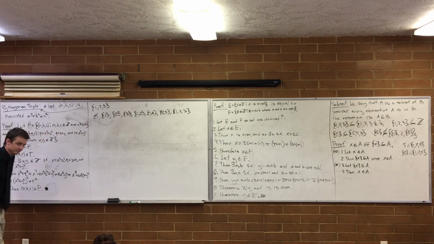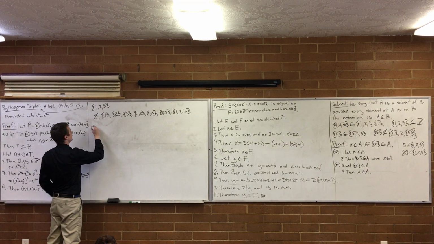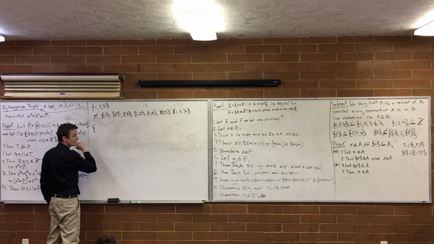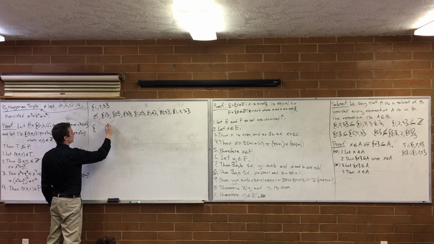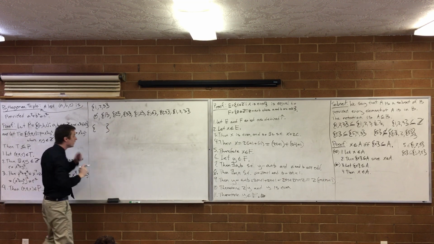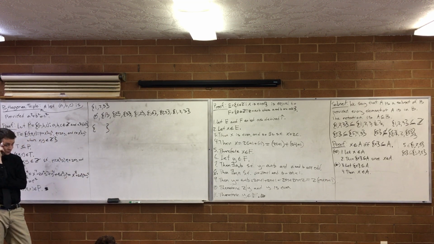How many did we put up there? 8, right? Wait, hang on. Did I miss one? See if you can think of one I missed. Well, the order doesn't matter, right? So there's no need for repetitions. 8, right? Yes. Okay.